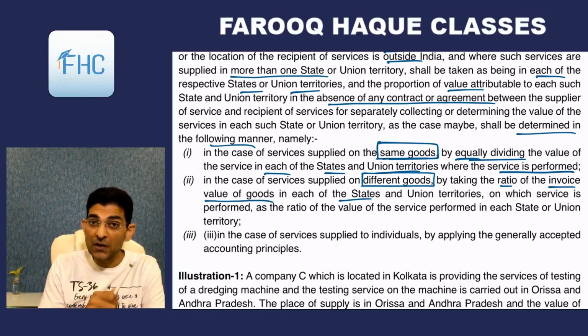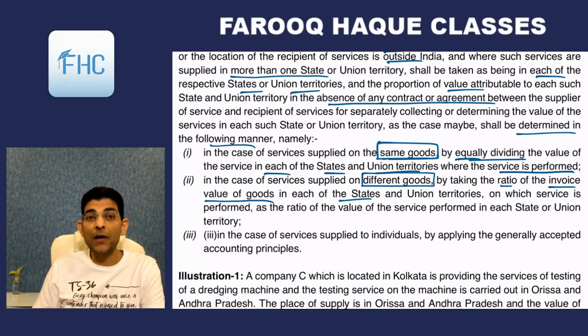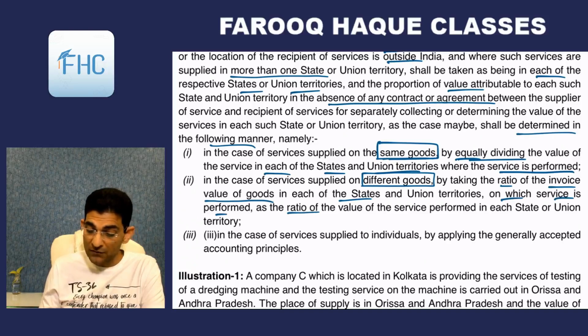Then we'll see what is the invoice value of those goods, and the amount that I am charging from you will be divided in this proportion, in proportion of the value of goods A and value of goods B. Understood? Simple. Ratio of the invoice value of goods in each state or union territory on which the service is performed as the ratio of the value of service performed in each state or union territory.